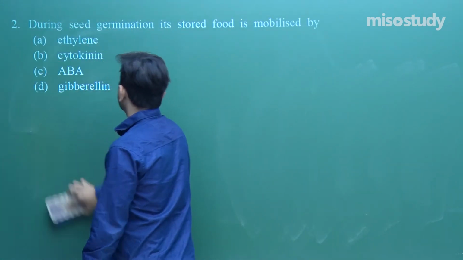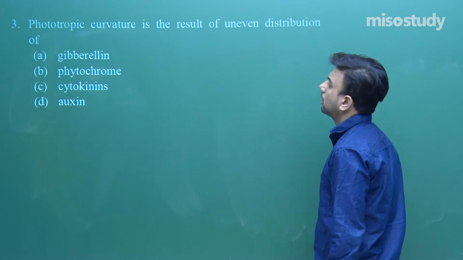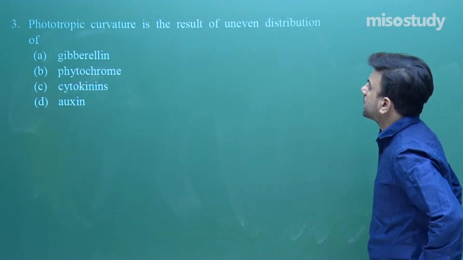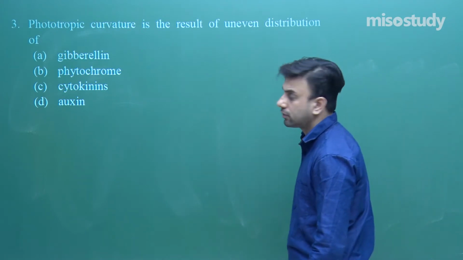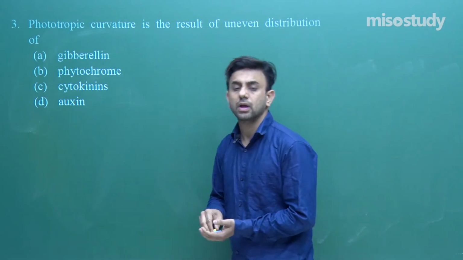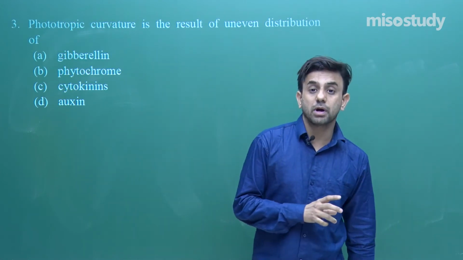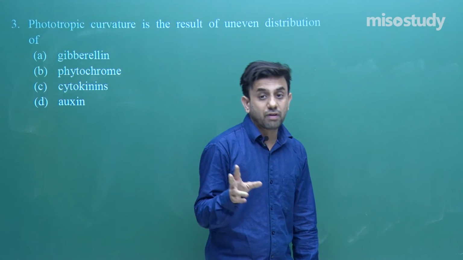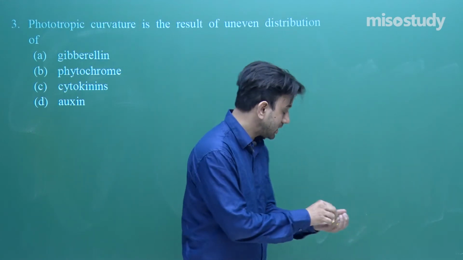Coming to the next question. The phototropic curvature is the result of uneven distribution of which hormone? Now we have done this in detail. You remember the canary grass, where we talked about the father and the son, Charles Darwin and Francis Darwin.